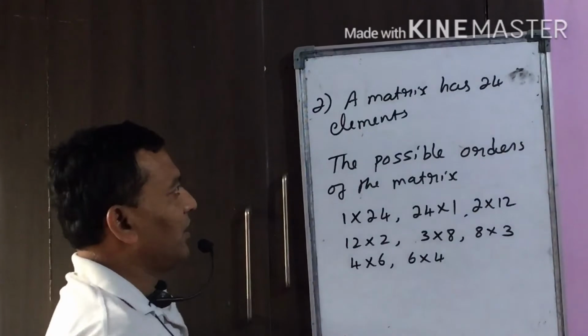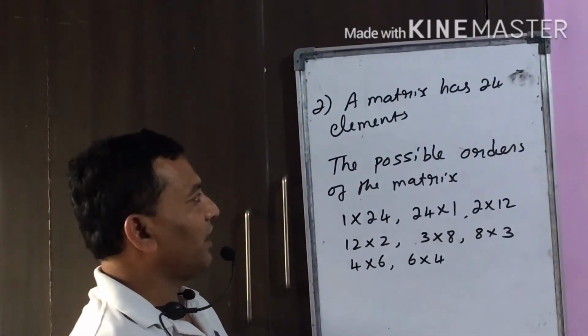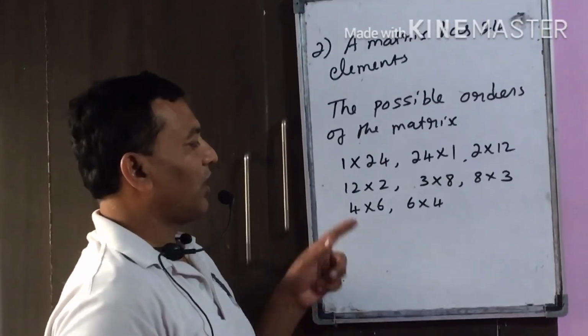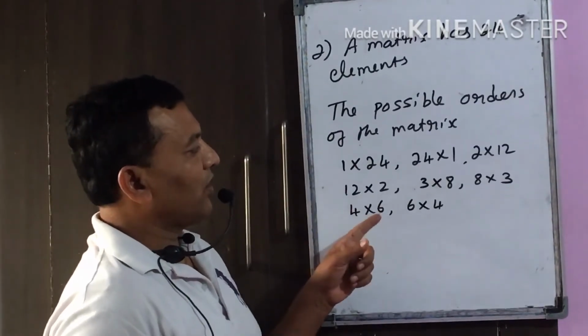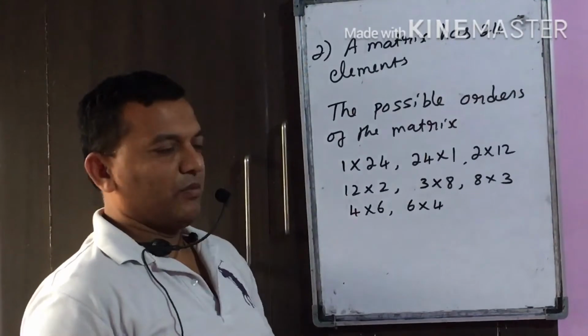Then 7 does not divide 24, 8 we already written, 9, 10 and 11 not possible, 12 we have already taken, so 24 we already written. So these are the possible orders of a matrix having 24 elements.